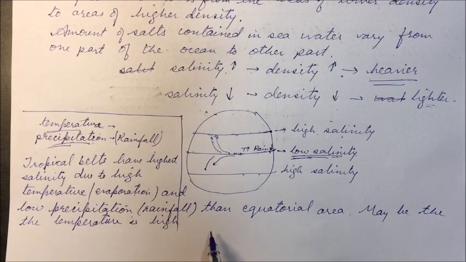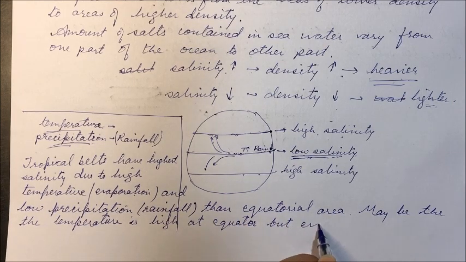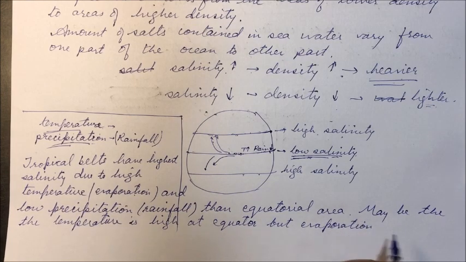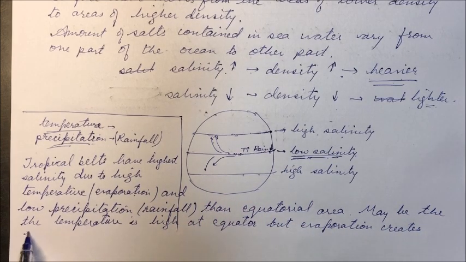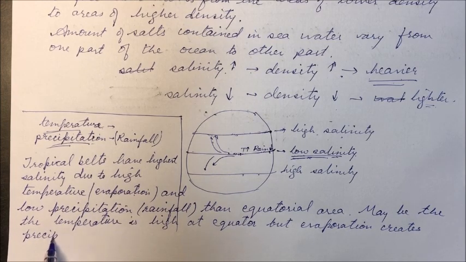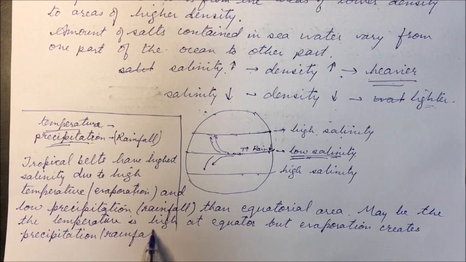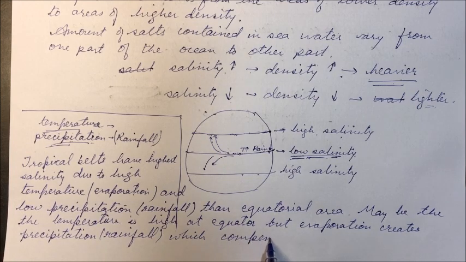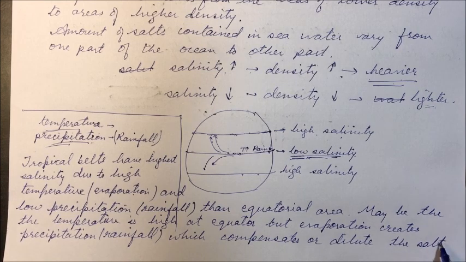Maybe the temperature is high at equator, but evaporation creates precipitation, that is rainfall, which compensates or dilutes the salt in the ocean.